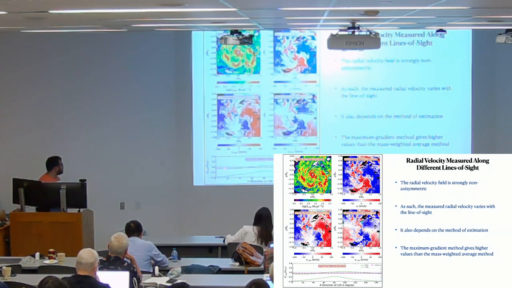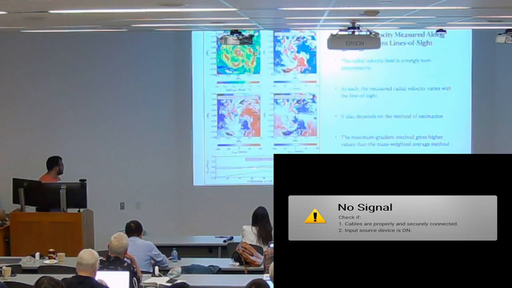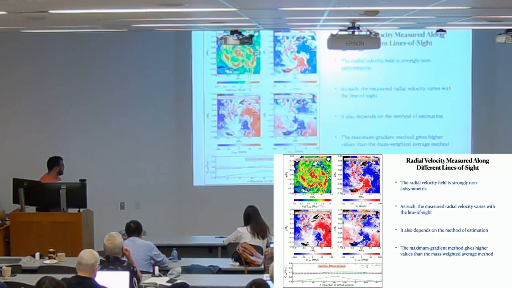If you look at the variation in the mass average signal as a function of line of sight, it can give somewhat higher values in certain directions, but still pretty low. We do get higher levels of signal with this maximum gradient method. For example, in this direction, we get a high value, and this high value is consistent with this large inflow that is observed here.